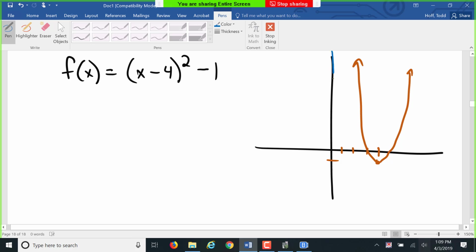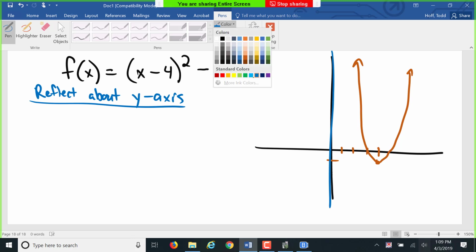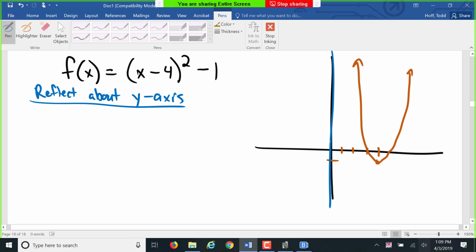If this is reflected around the y-axis, that vertex, of course, has to move to what point? Remember, it's the x-coordinate that has to change, so it's going to have to move to negative 4, negative 1.